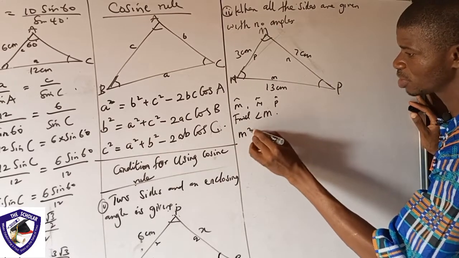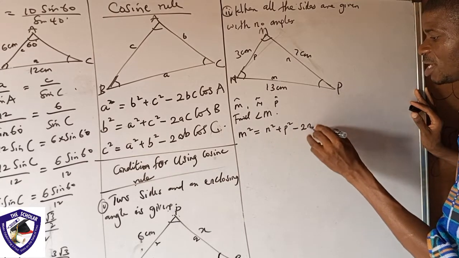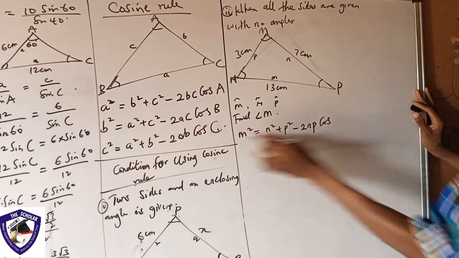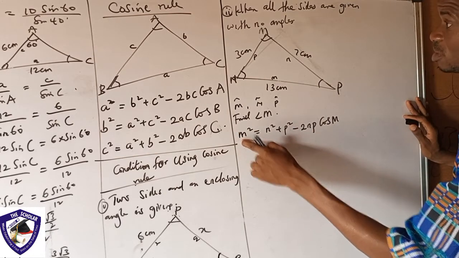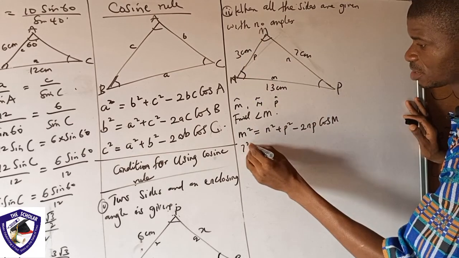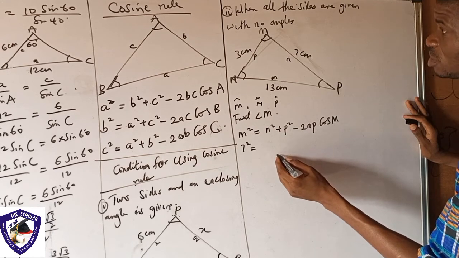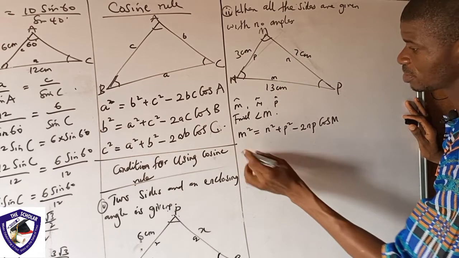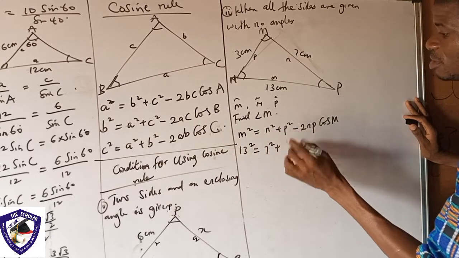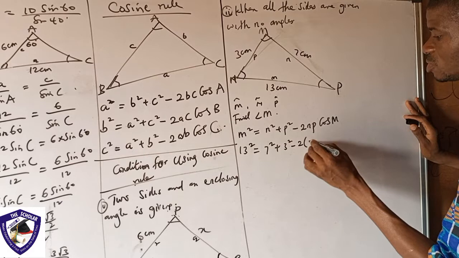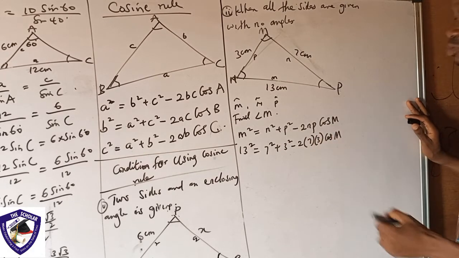So I have m squared is equal to n squared plus p squared minus 2np cos the angle M. So which means I have m squared, which is 13 squared, is equal to n, that is 7 squared, plus 3 squared, minus 2 into 7 into 3 cos M.